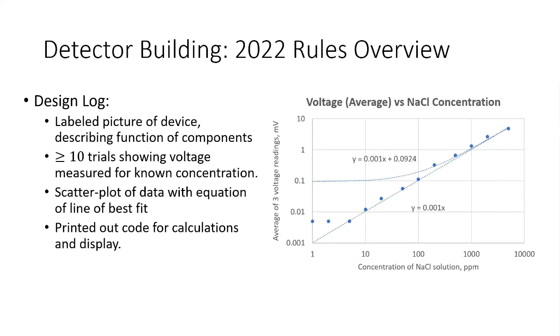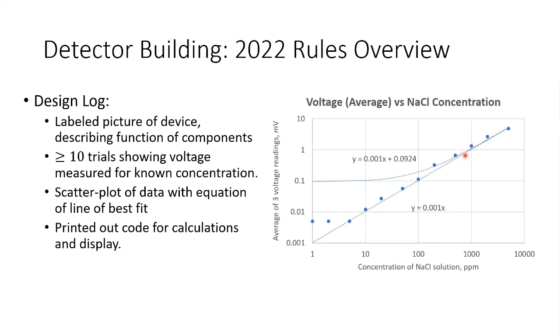Now, at the competition, you're going to do the same thing, except the concentration of this water is not known to you. So you'll have to use your previously recorded data to guess what it is. So for example, if at the competition you get a voltage reading of, let's say, 0.75, this will be actually right here because this is a logarithmic scale. 0.75 will be about here on the plot.